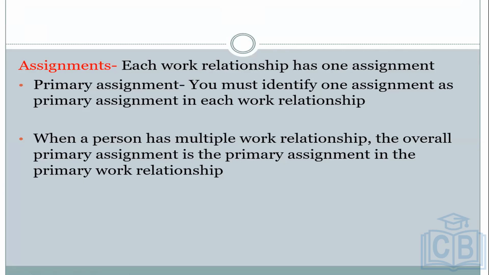And what is a secondary assignment? Suppose he has gone on to a different project. In that case, that happens to be a secondary assignment. When a person has multiple work relationships, meaning multiple assignments, the overall primary assignment is the primary assignment in the primary work relationship.